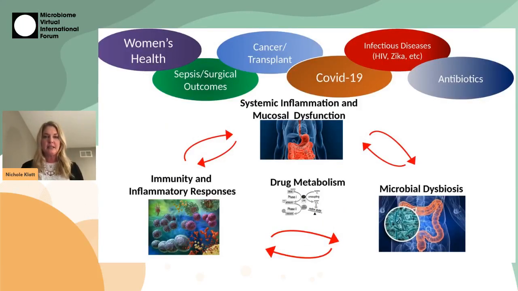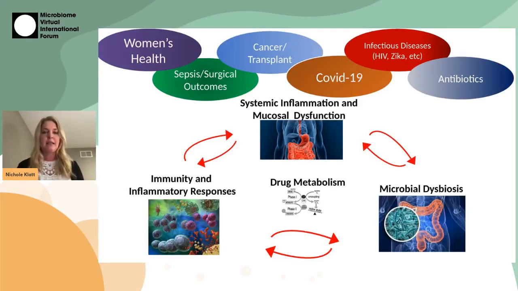I sort of call this the Klatt lab slide. It highlights different areas of research in my lab, and how all these mechanisms interplay, where you have microbial dysbiosis that has crosstalk with immunity and inflammatory responses, and then both systemic and local inflammation and dysfunction of the mucosal barrier.